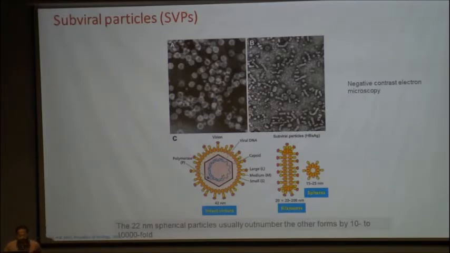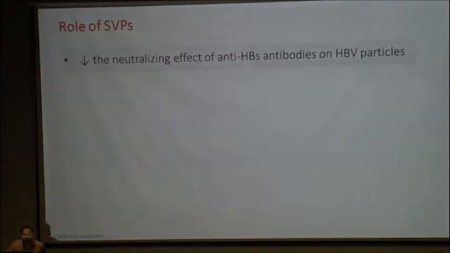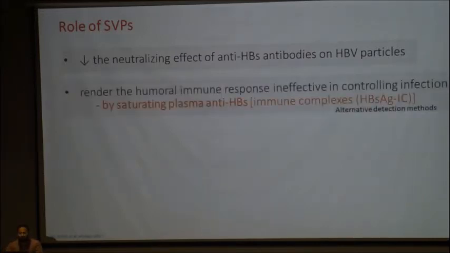So these subviral particles decrease the neutralizing effect of the anti-HBs on the HBV DNA virions, the whole virions, and render the humoral immune response ineffective in controlling the infection, because they saturate the immunoglobulins with the HBs subviral particles. These immune complexes of HBsAg and anti-HBs are ineffective, and anti-HBs is difficult to measure in the labs.